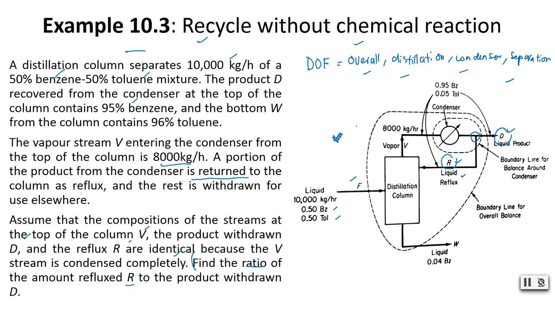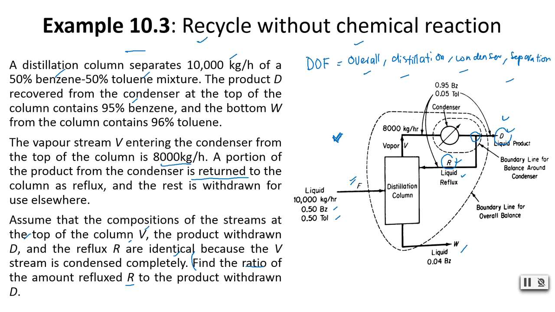I'm just going to start from the overall balance here. The overall balance consists of only F, W, and D, so everything inside the boundary of the system will not be considered.